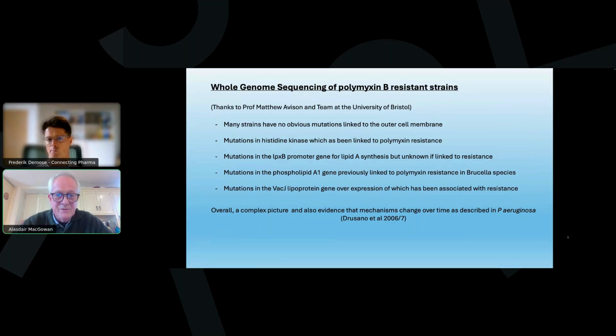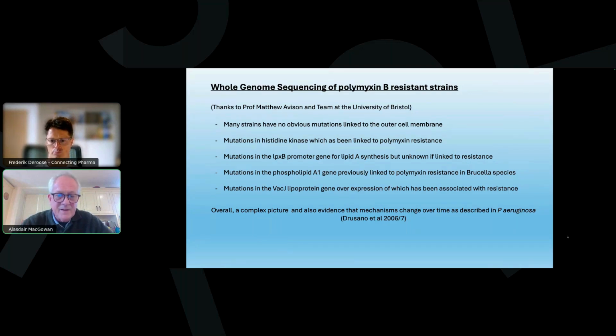Many of the strains do not have obvious mutations related to their outer cell membranes, and that is different to what we've seen with aminoglycosides, where the process seems to be a lot more simple. And then there's a whole range of different mutations which might be related to wall synthesis, some of which have been described in Acinetobacter, and some of which have been described in other species such as Brucella.